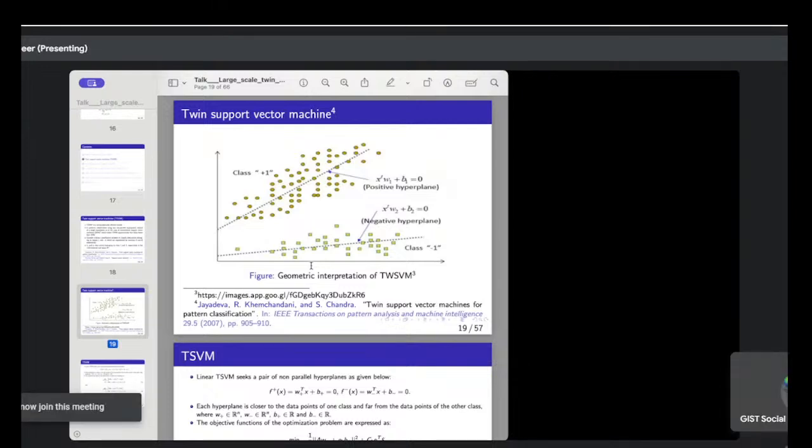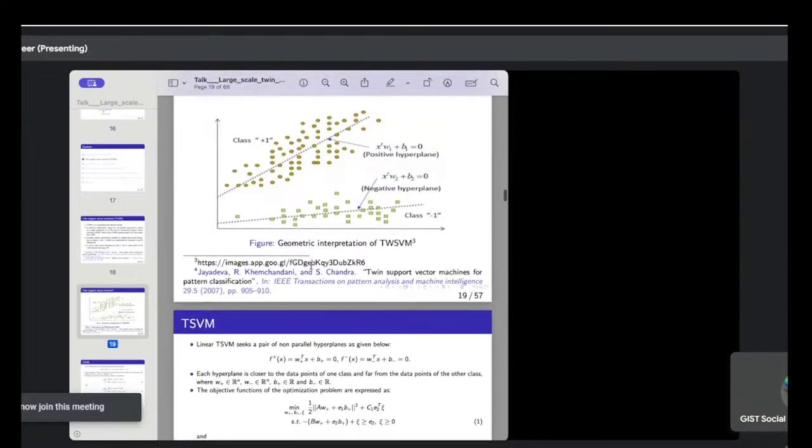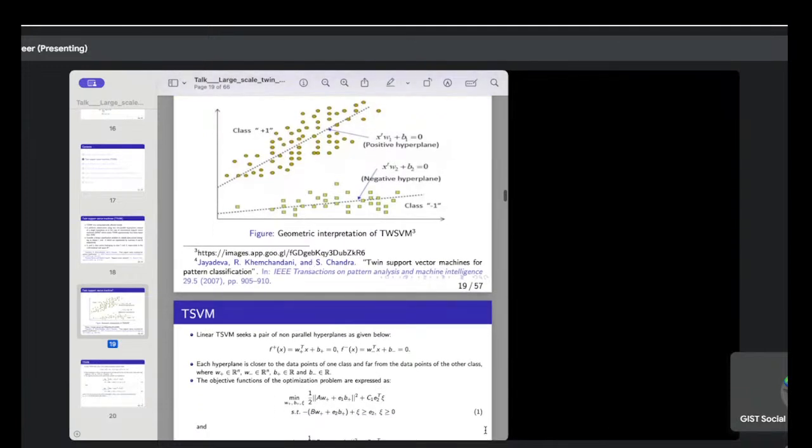So if I look at the first term in equation 1, it is nothing but the sum of square distances from the hyperplane to points of one class. Therefore, minimizing it tends to keep the hyperplane close to points of one class, for example, class plus 1.